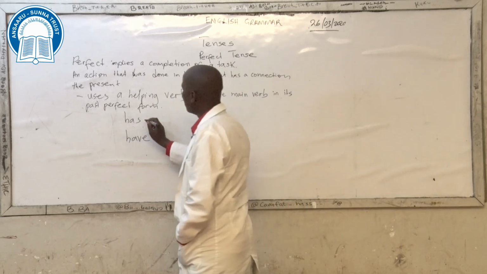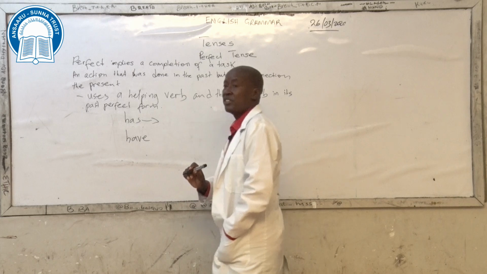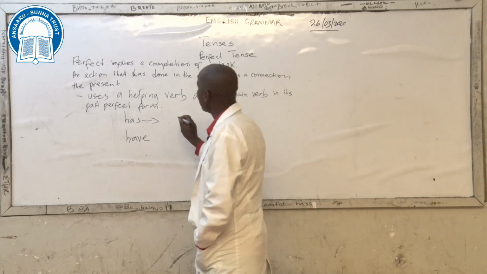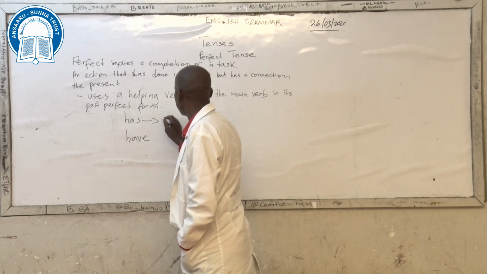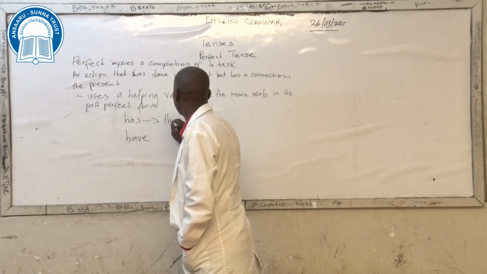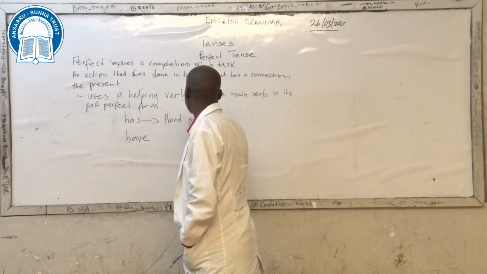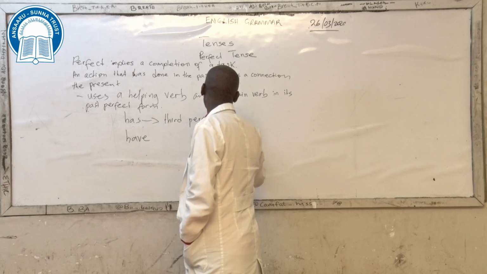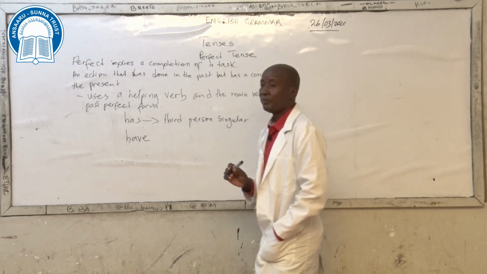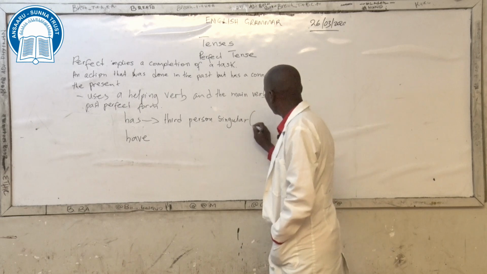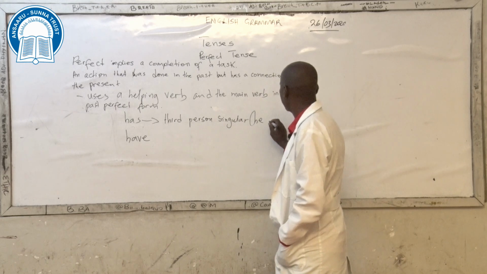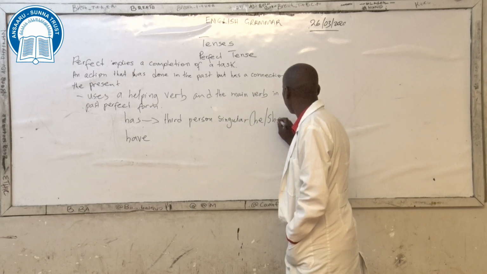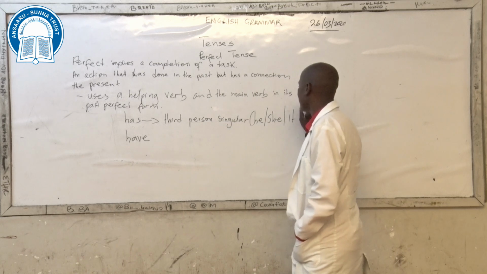The helping verb has is used with the third person singular. Third person singular are he, she, and it.